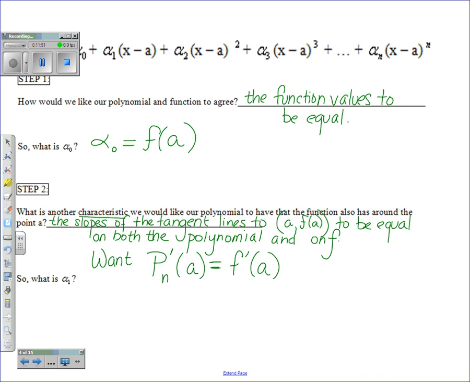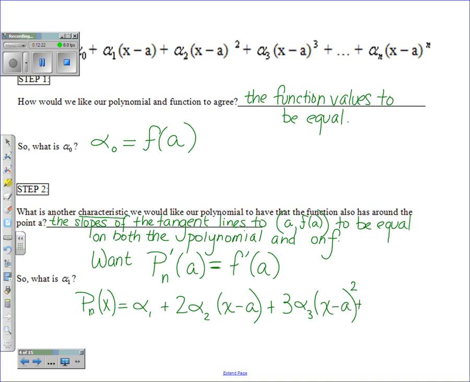Okay, so we know p sub n of x is equal to, the alpha naught drops out. The next one becomes alpha sub 1 plus 2 alpha sub 2 times (x minus a) plus 3 alpha sub 3 times (x minus a) squared plus 4 alpha sub 4 times (x minus a) cubed, and so on.